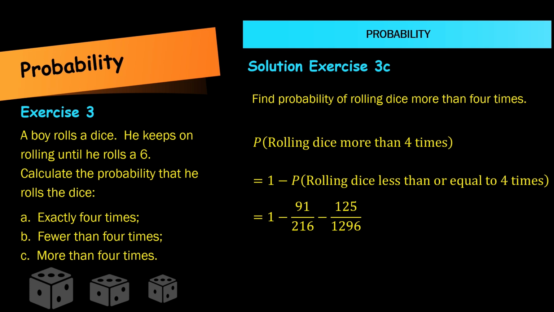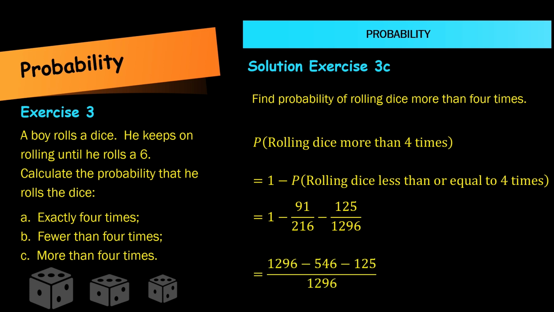This is equal to 1 minus the probability of rolling the dice less than 4 times, and this value of course is from part B, minus the probability of rolling the dice 4 times, and this value is from part A.